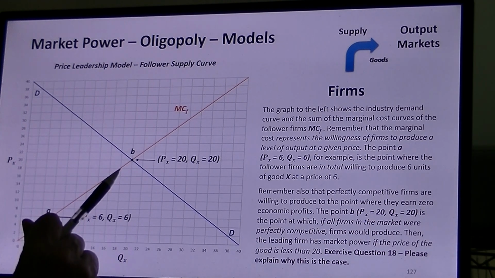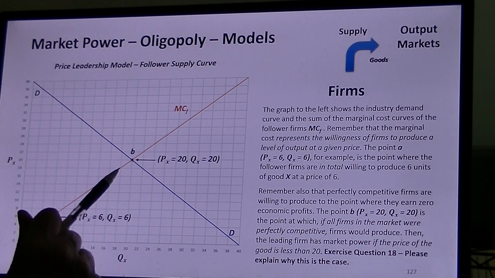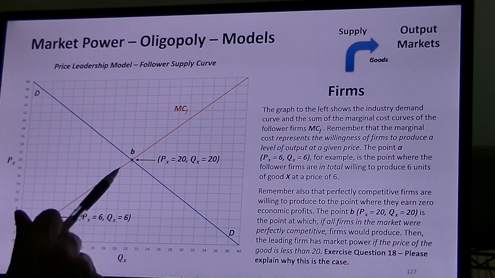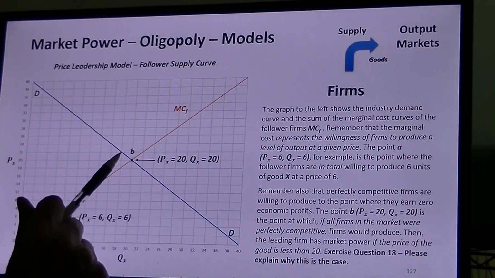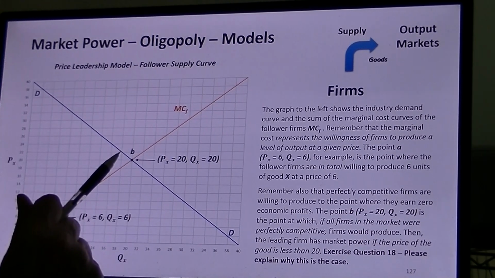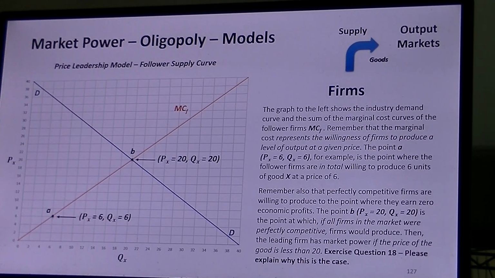If the leader firm sets a price of 18, the follower firms are willing to produce 18 units of the good because their marginal cost, this is the upward sloping supply curve. At a price of 18, they're willing to produce 18 units, but the market demands 22 units. See, here's the market demand. At a price of 18 it is 22. So the difference between 22 and 18 is 4 units of output. So at 4 units of output, the leading firm has market power. They have market power over 4 units.